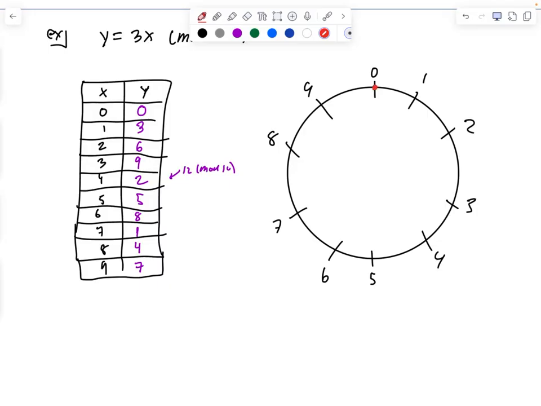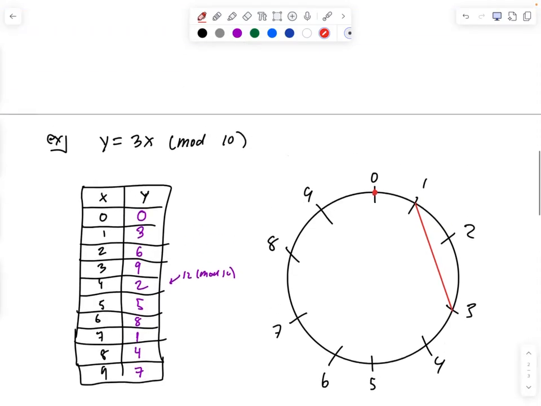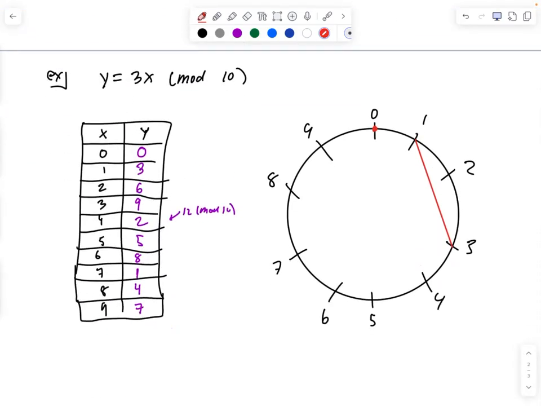I'm skipping 3. 3 goes to 9. I'm skipping 3. 4 goes to 2, which was 12. Sorry, mistake right there. 4 goes to 2.